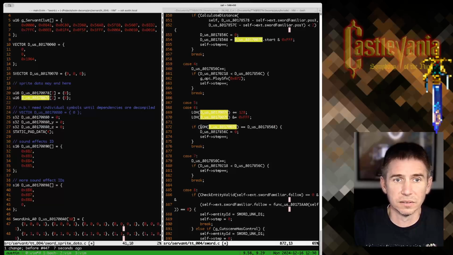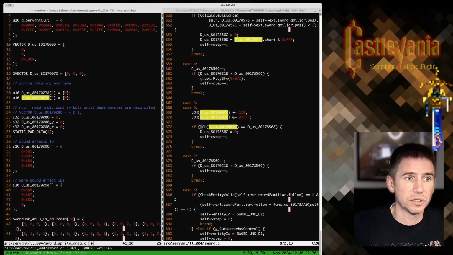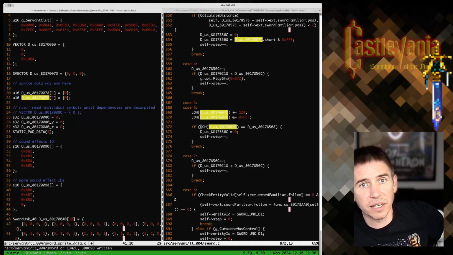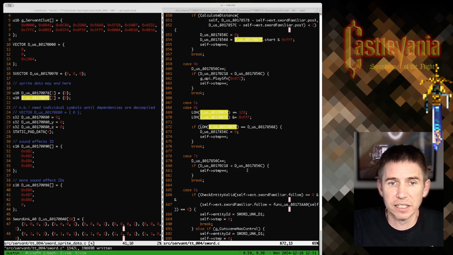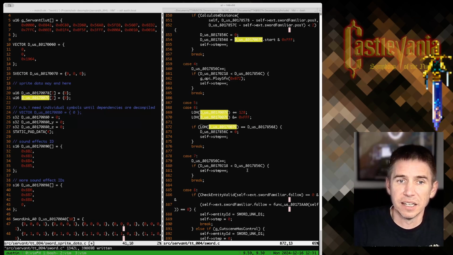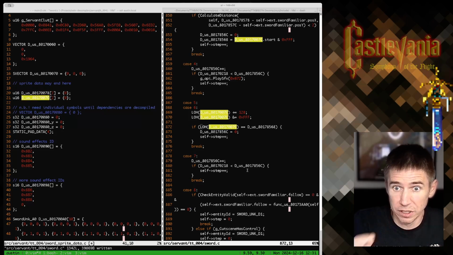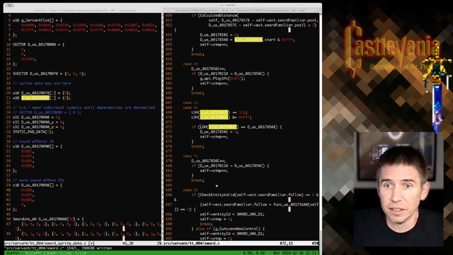Okay, so here, load high is going to treat it as a 16-bit signed value. Oh, and that's kind of what's happening here as well. Now that I think about it, this is being treated as signed 16 instead of unsigned, and so it's possible that this just is the wrong type, and that needs to be fixed.